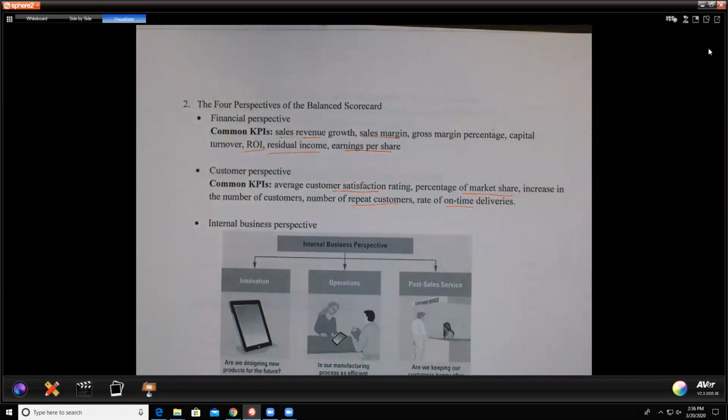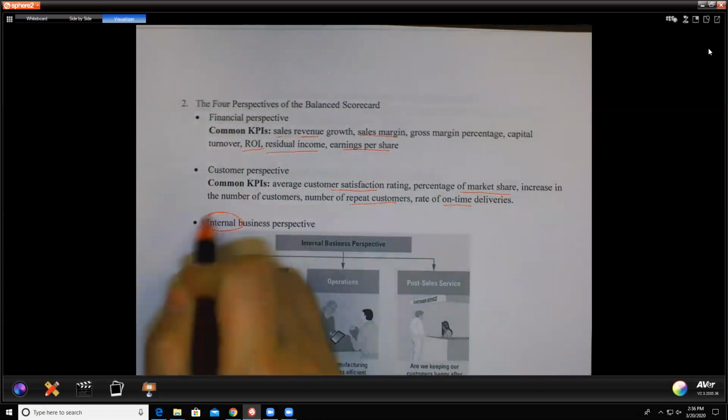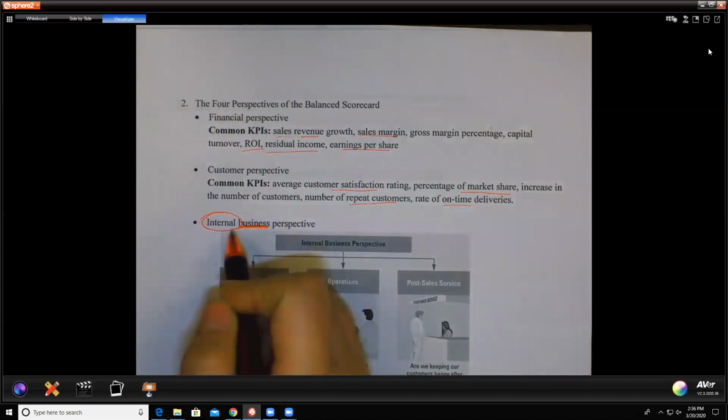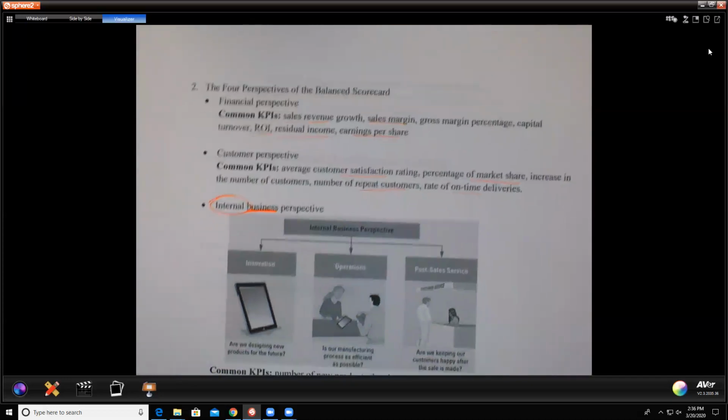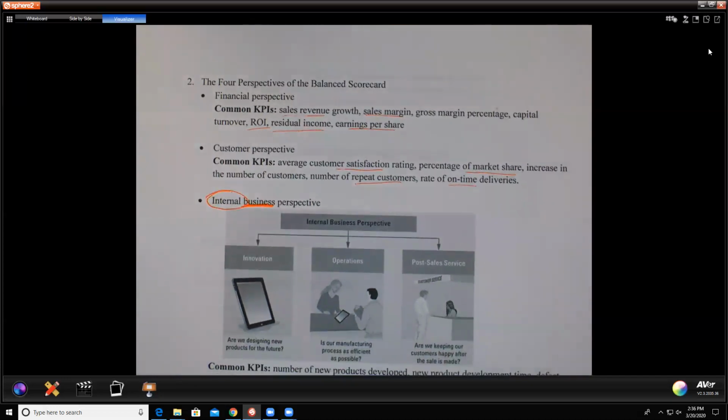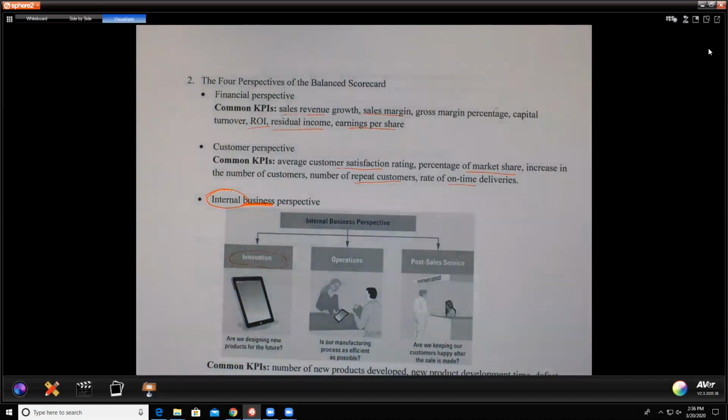The third thing is internal business. Everything related to your internal business operation will be our internal business perspective. All the way along the value chain, from your innovation, whether your product has a new feature, that is your internal business.